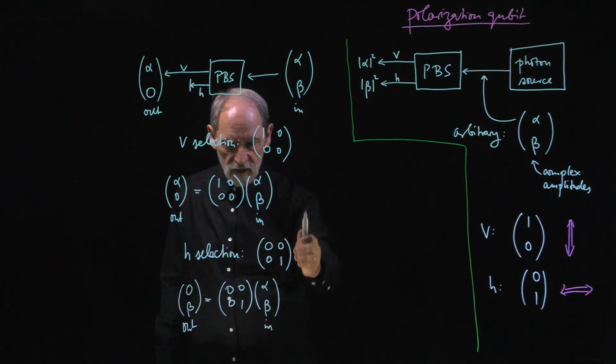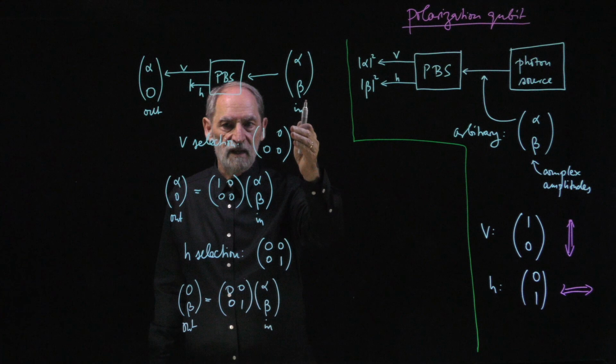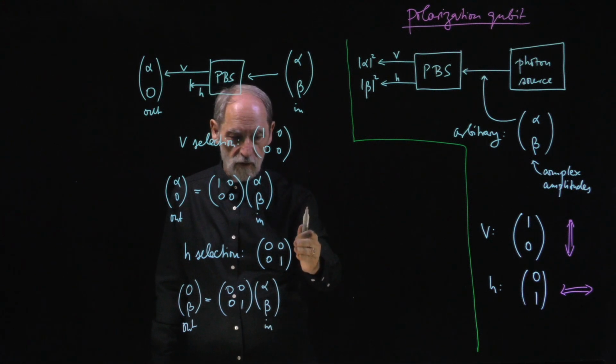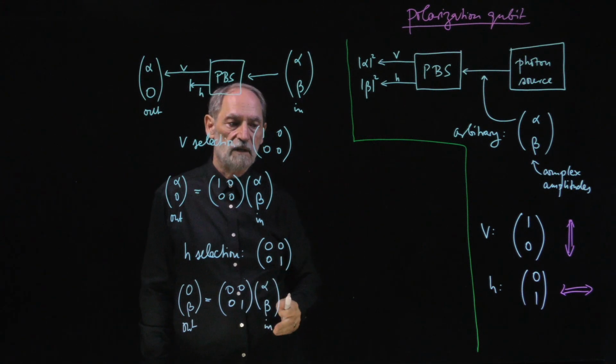So these matrices describe the process where we select the vertical polarization or we select the horizontal polarization.